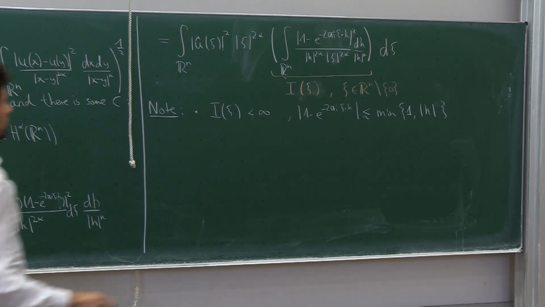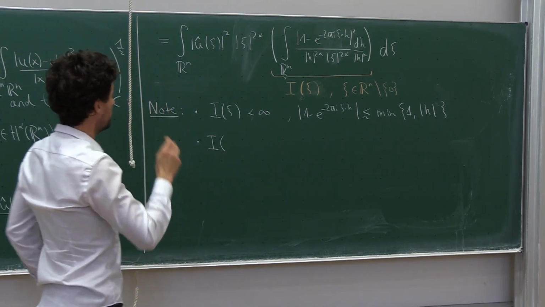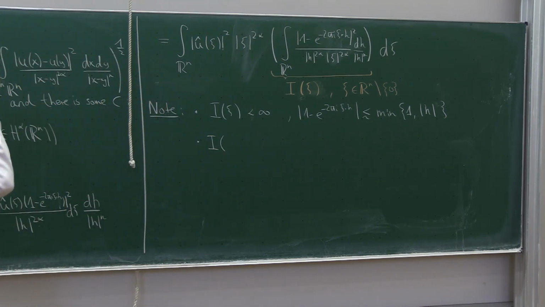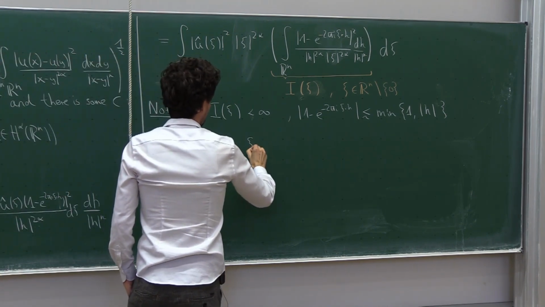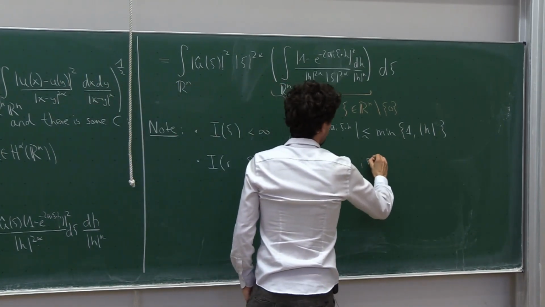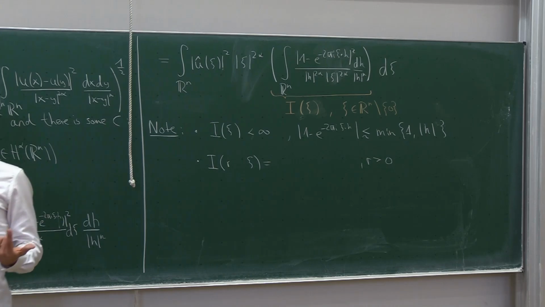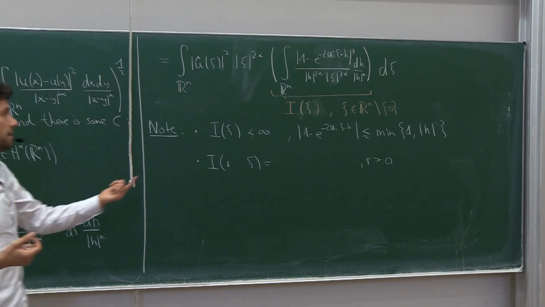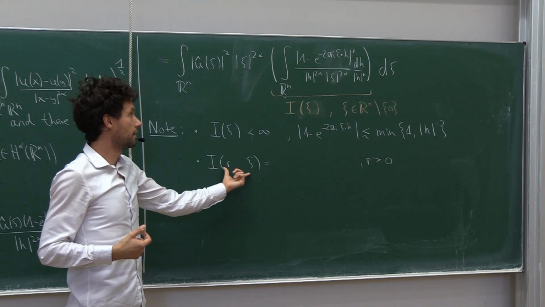Now, these integrals, they also have a fantastic transformation rule. Namely, if I look at r a real number, a positive number, and I scale my variable with r, so I replace psi by r psi, then what's happening?